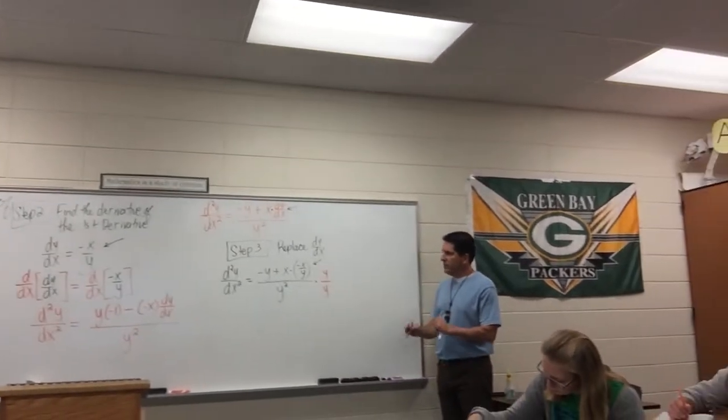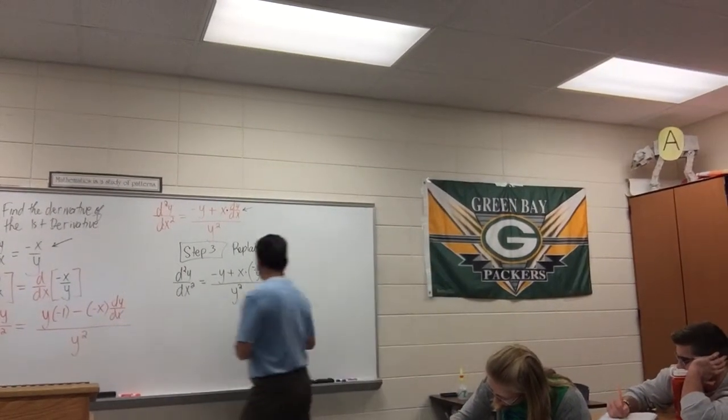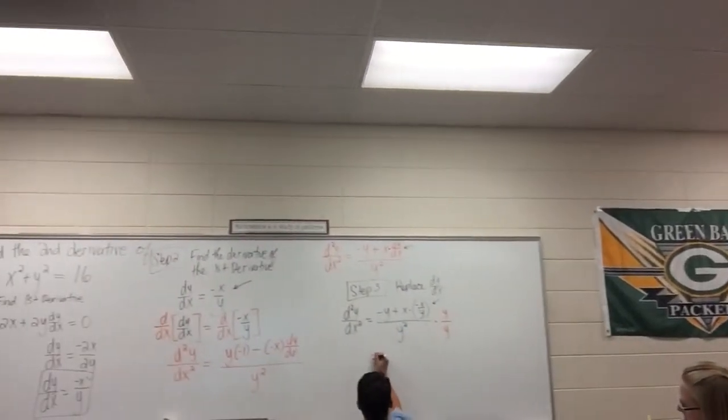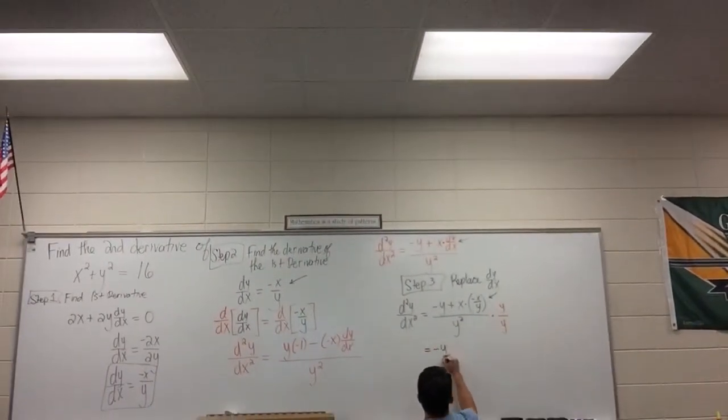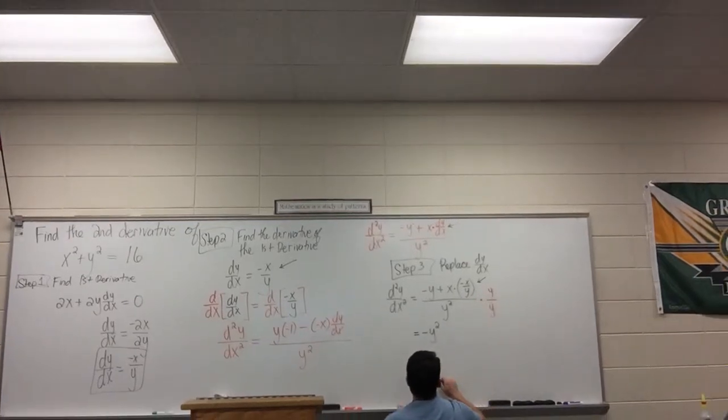It doesn't change the expression at all. It writes an equivalent one. So now I got to distribute that. So this is going to be negative y squared. The y here cancels with the y here. So it's going to be minus x squared over y cubed.